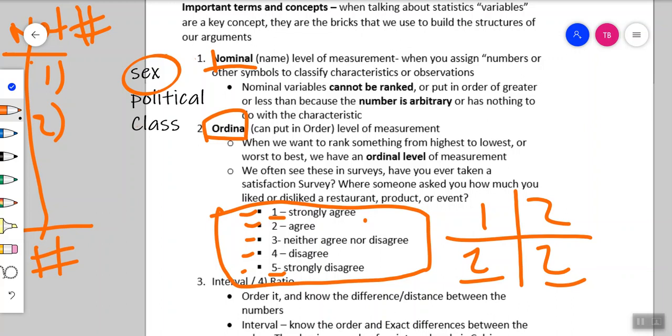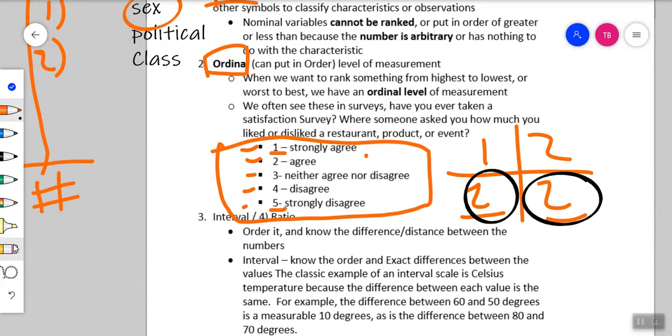Because it's an ordinal scale, you can't really tell the difference between person one and person two. They both agree, but what one person's agree is versus another person's agree could be completely different things. So ordinal means you can rank it in order. You could tell the difference between one person's opinion, but you can't tell between comparing it between two or more people.